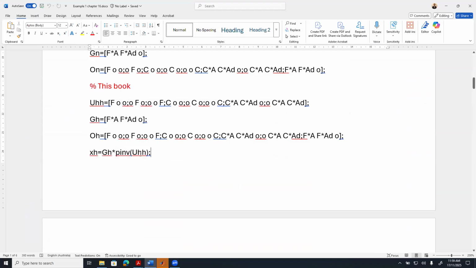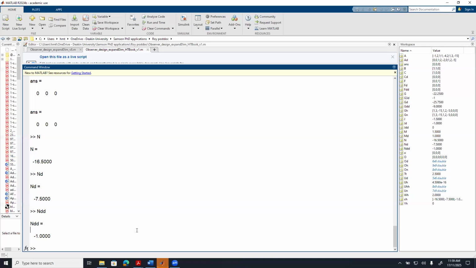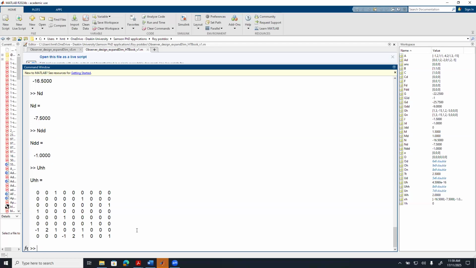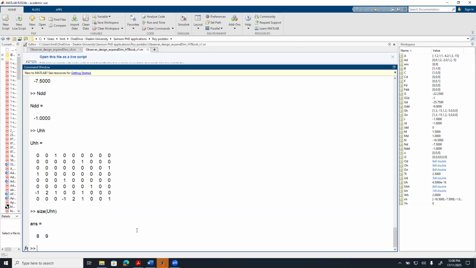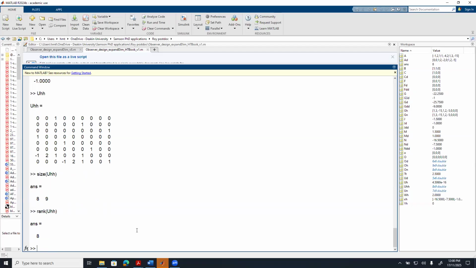The reason for that is because this matrix UHH here has the size of 8 by 9, sorry. So its rank is actually full. It's a full row rank matrix.